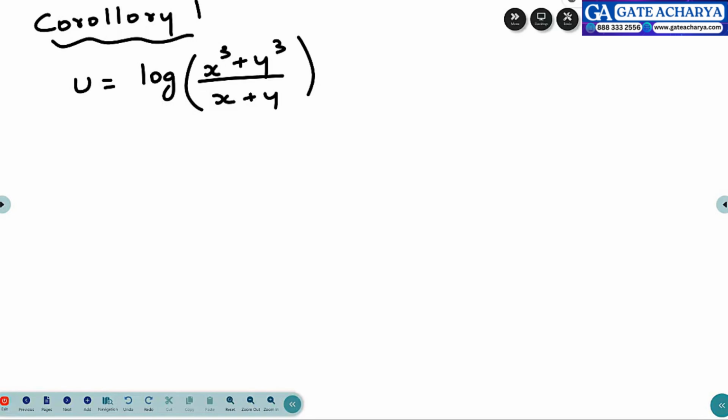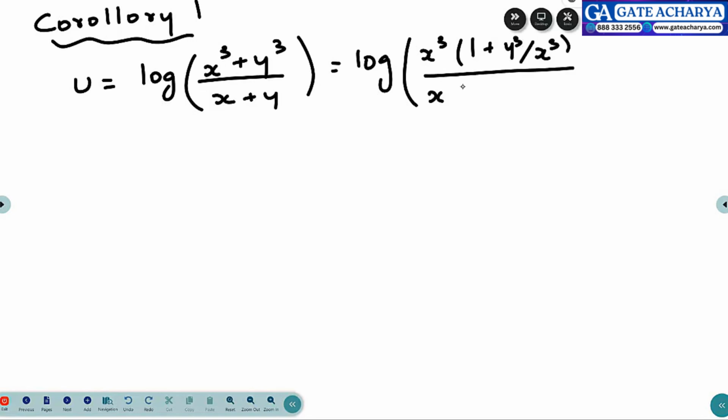Why is it not homogeneous? I discussed this idea also. If I try to convert this into y by x, what will happen? I have to take x cube common in the numerator, 1 plus y cube by, what happens in the denominator? What is the resulting function now?